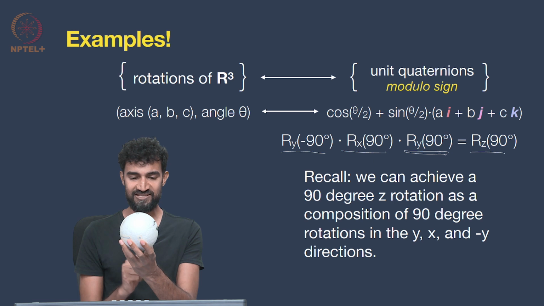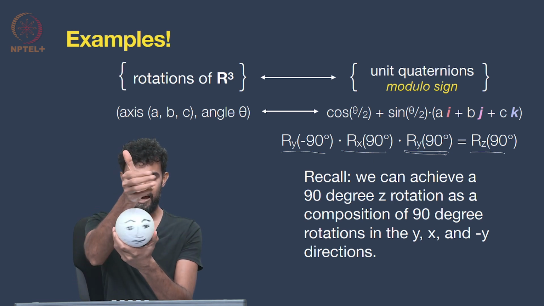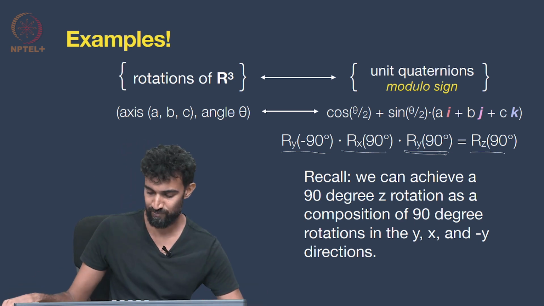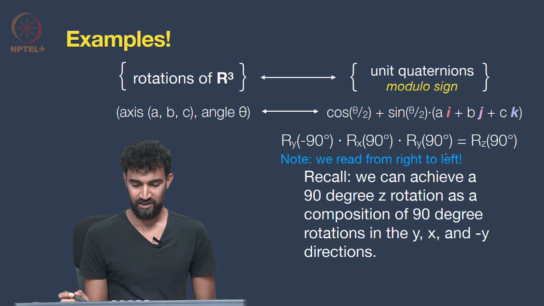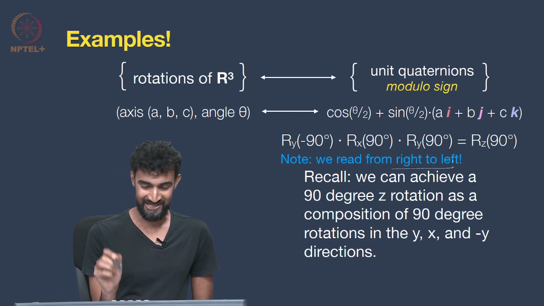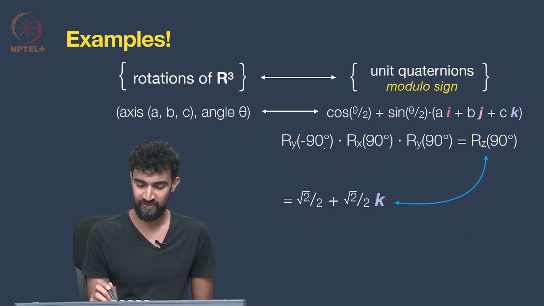And that, we claimed, is the same as a 90-degree z rotation, and indeed it is the same as a 90-degree z rotation. So again, it's very important to read from right to left. Here it really does make a difference. So it's important we did our y rotation first, then our x rotation, then our minus y rotation.